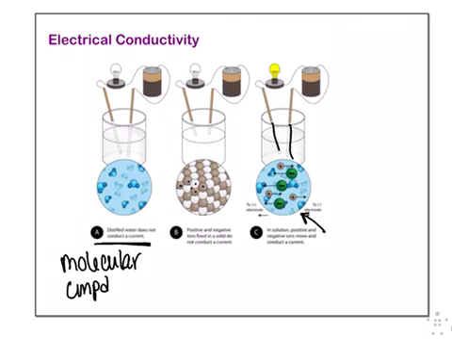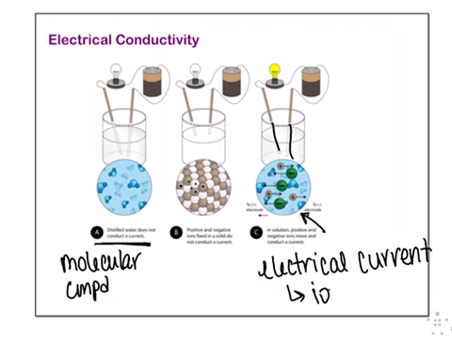So when you talk about an electrical current, that is essentially ions moving. So it is a current of ions. And it depends what kind of ions it is in order to power whatever device you're trying to power. Some ions will move more freely than others.